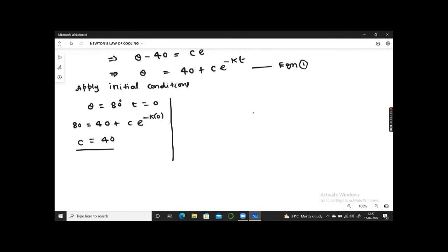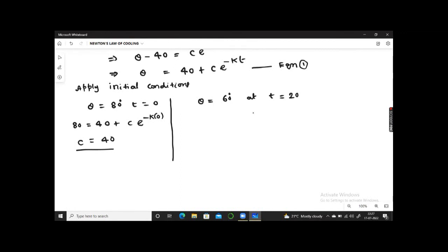So apply another initial condition. What is the other initial condition? Theta is equal to 60 degrees at t is equal to 20. You put these values in equation 1.